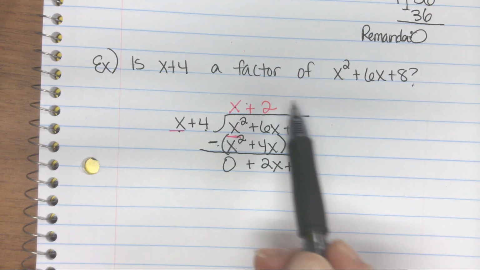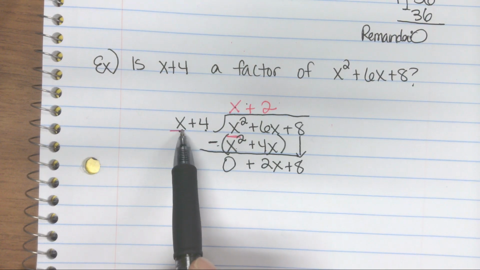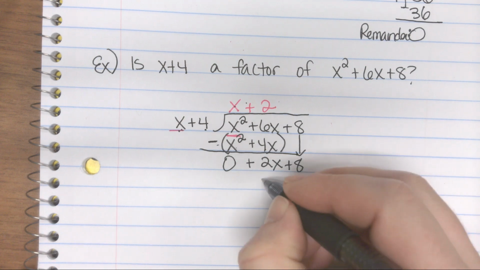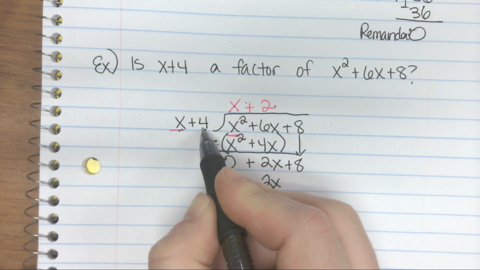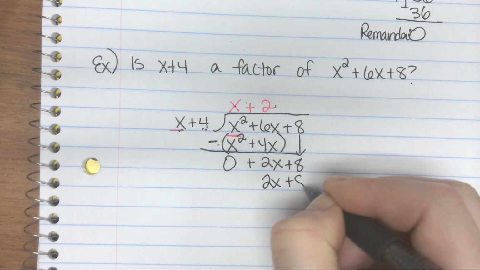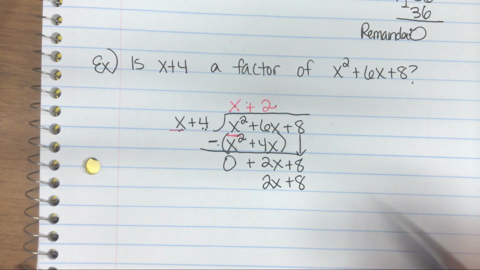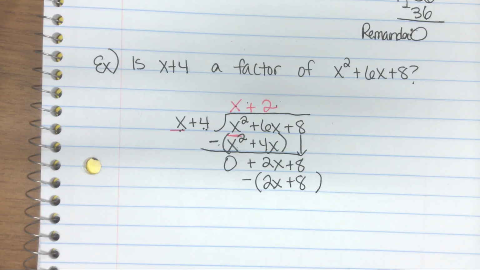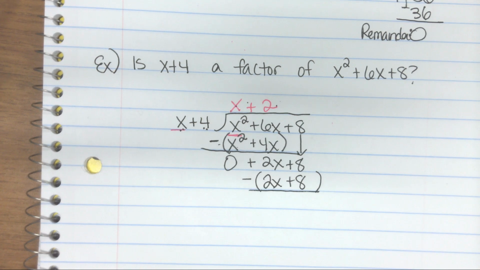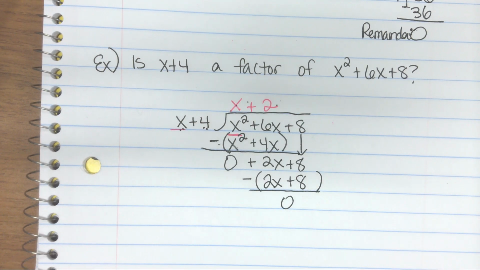What's 2 times x? 2x. What's 2 times 4? 8. We subtract it. And we get a remainder of 0.